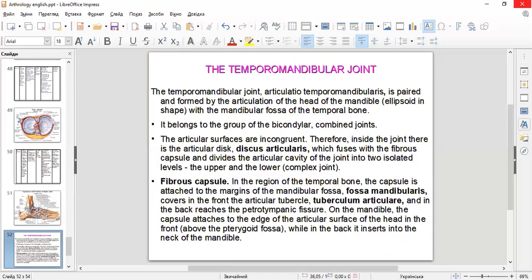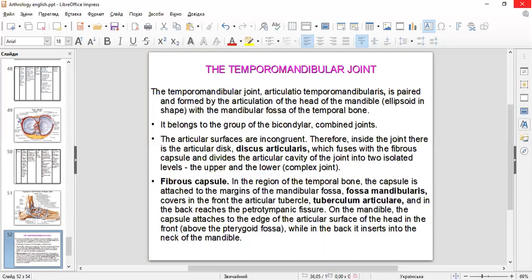The articular surfaces are incongruent. Therefore, inside the joint there is an articular disc, discus articularis, which fuses with the fibrous capsule and divides the articular cavity of the joint into two isolated levels, the upper and the lower.